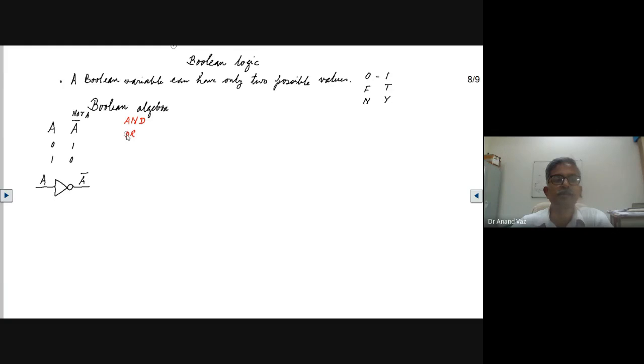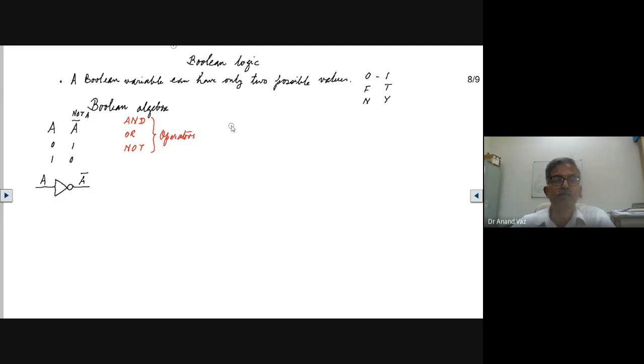So you have the NOT, AND, OR. These are operators. You can perform operations with these. So they operate on Boolean variables and they produce certain results. We have already considered the NOT operator here, so A and NOT of A. So we made use of the NOT operation.